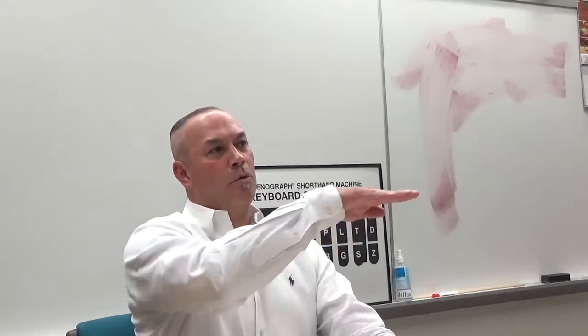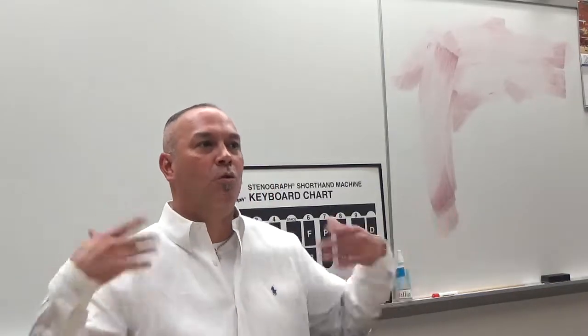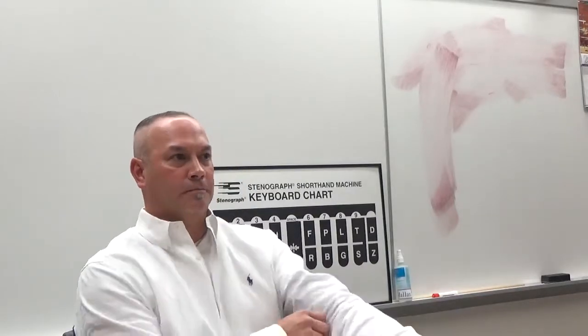The final side of the keyboard contains the letters located to the right of the asterisk key. Period. You don't say period, but when it comes to the period, you pause like that. These letters are operated by the fingers of the right hand. You see how it's not monotone, but it's at a nice even pace. You don't get ridiculous about it and you don't get ahead of yourself. You just want to keep it even.